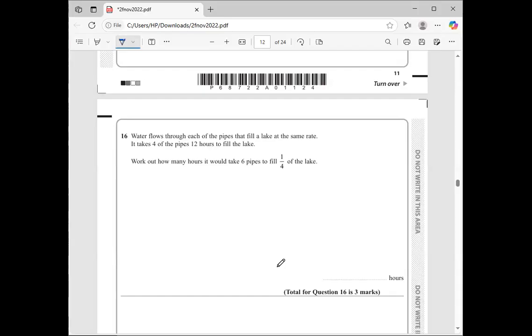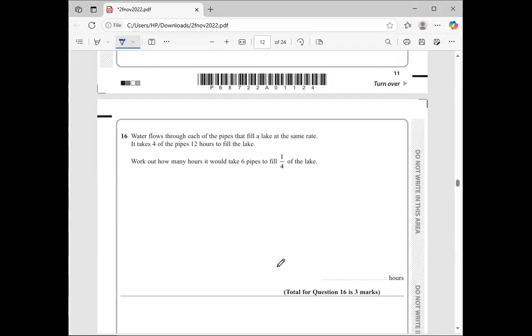If you look at it very well, the lake is going to be quite huge, and it takes 12 hours to fill it up. Since the second question seems to be interested in a quarter of the lake, let's ask ourselves how many hours the first one will take to fill a quarter of the lake. That we can now know and compare with the last one.